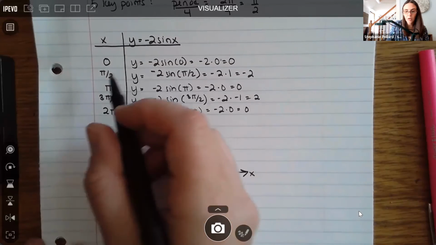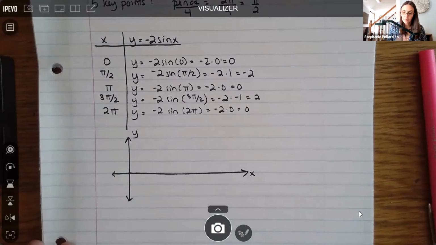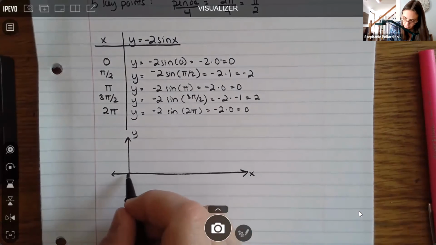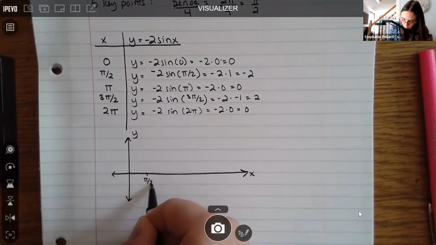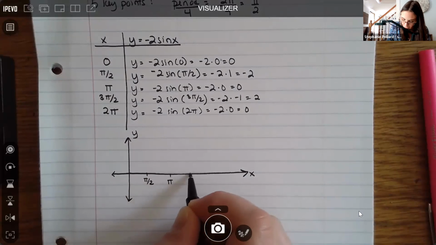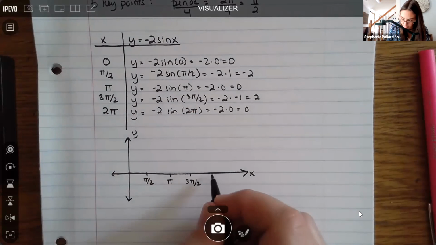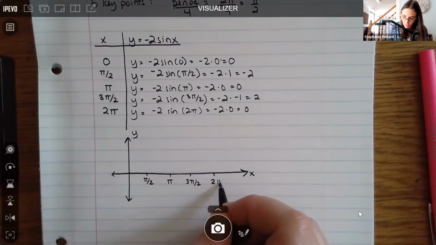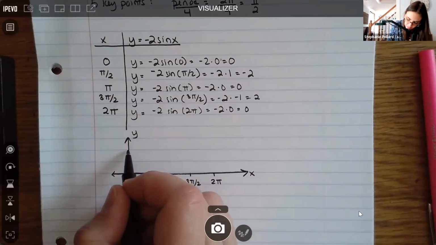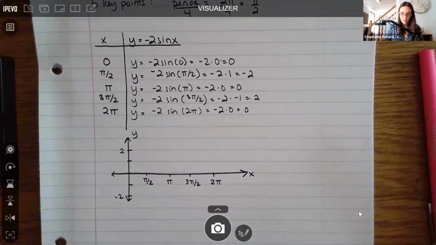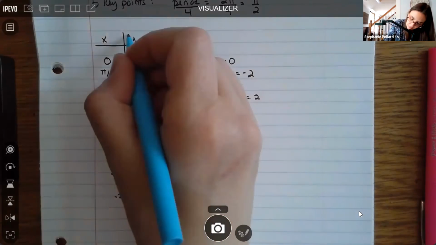So when I graph, I'm just going to graph these 5 points. And again, know that it does continue on. So I have 0, I have pi over 2, pi. I'm just doing my best to kind of equally space these because they are equidistant apart, right? We added the same value each time. Here I'm going up, we'll say this is 1, we'll call this 2, -1, -2, and I'll do it in blue again.